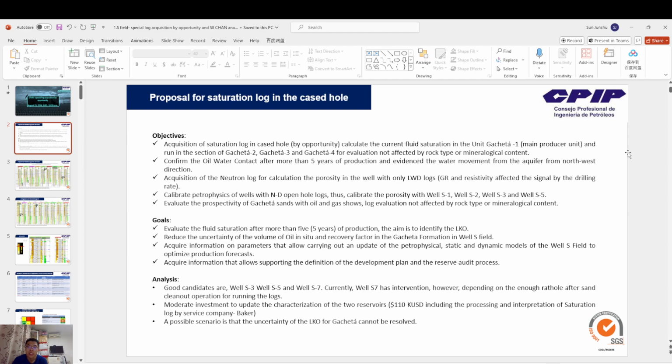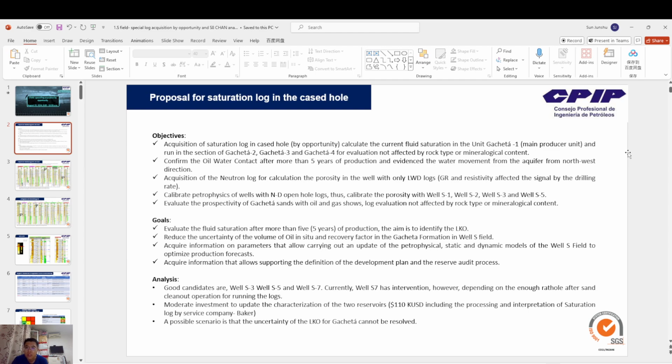Acquire information on parameters that allow carrying out an update of the petrophysics, static, and dynamic models of the field to optimize production forecasts. 4. Acquire information that allows supporting the definition of the development plan and the reserve audit process.